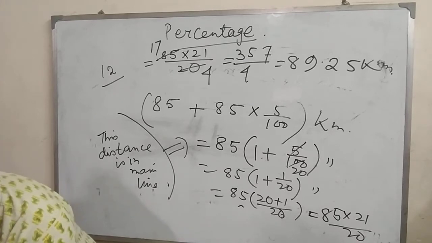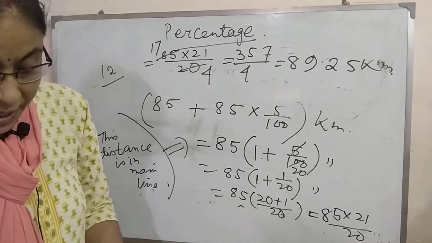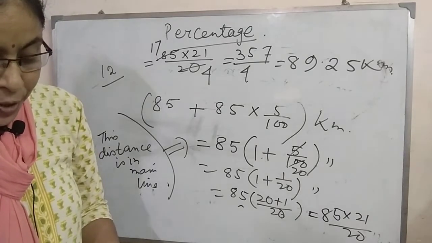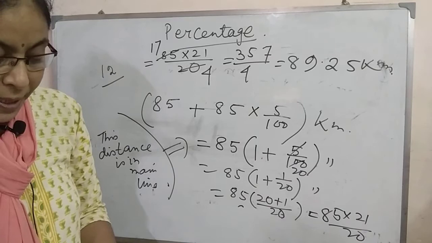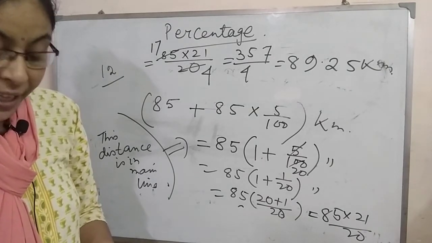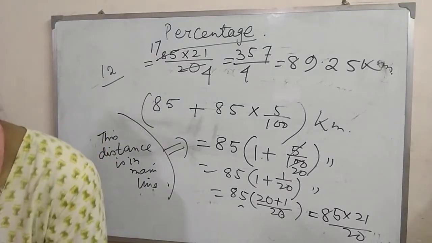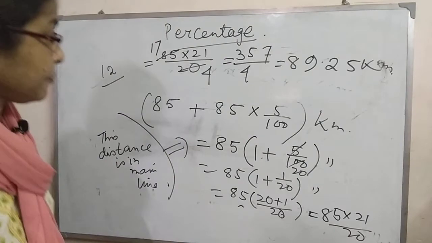Okay. Sum number 11. The salary of a man is increased by 25%. By what percent should his salary be decreased to retain the previous salary?